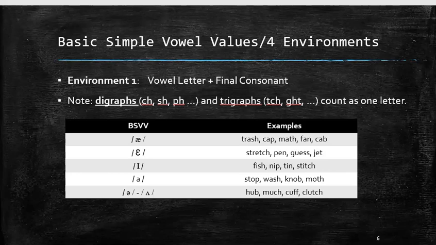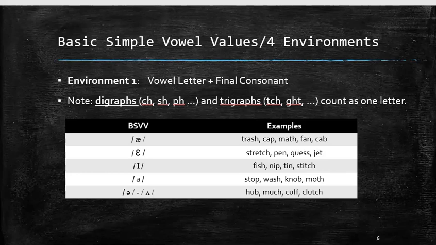So CH corresponds to the sound ch, right? An affricate sound. Whereas sh, this fricative sound, is represented by SH. And the PH, sometimes in English we know, corresponds to the sound f.